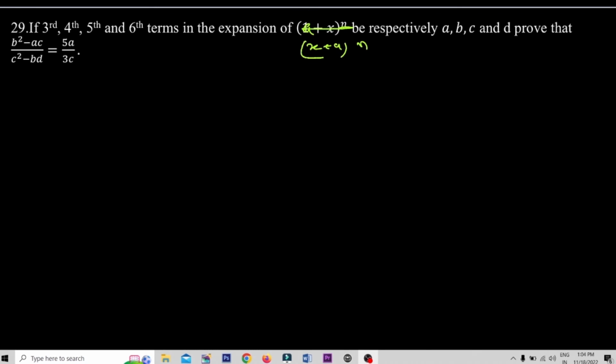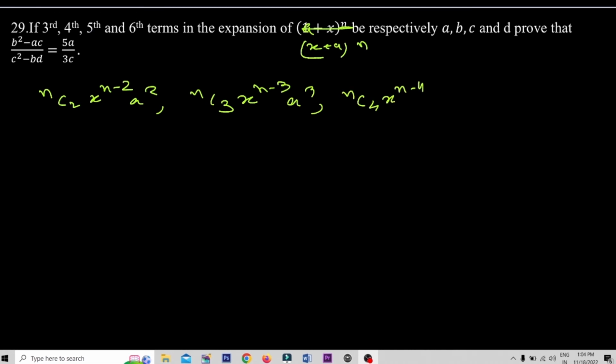Therefore, we can write the third term as nC2 x to the power n minus 2 a square. The fourth term is nC3 x to the power n minus 3 a to the power 3. The fifth term is nC4 x to the power n minus 4 a to the power 4. The sixth term is nC5 x to the power n minus 5 a to the power 5 respectively.